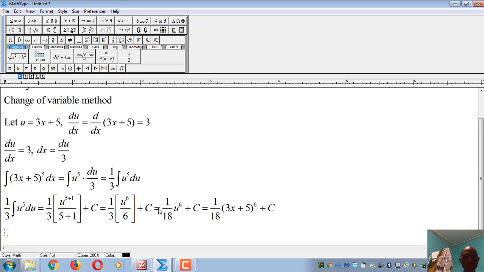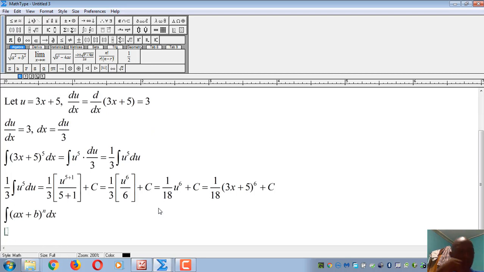Now I want you to take note of something. If you are given (ax + b) raised to the power of n, and it's a multiple choice question, we are not supposed to show our workings, and we don't have time to go through all this. So there's a short method you can use. We'll use the example I'm working on now to help us. We have to find the integral of this.